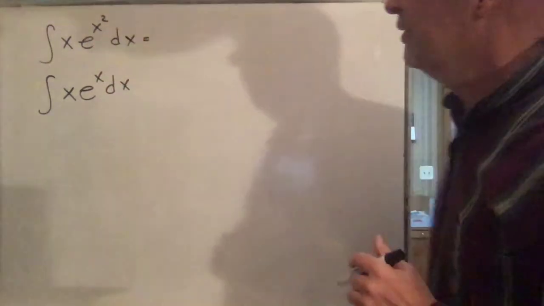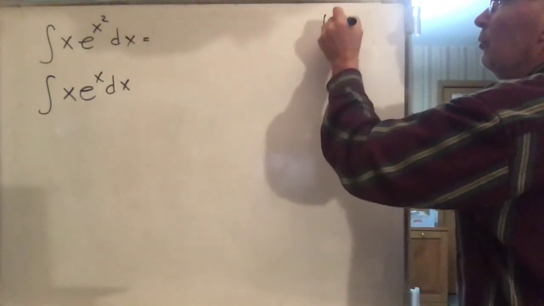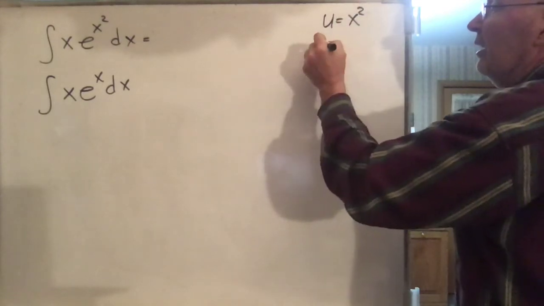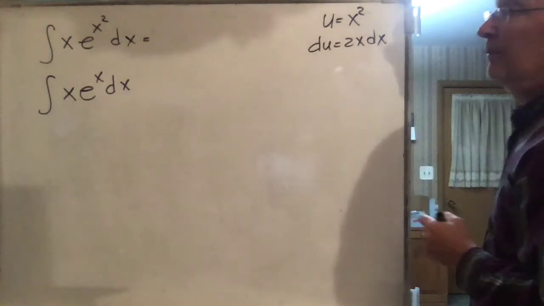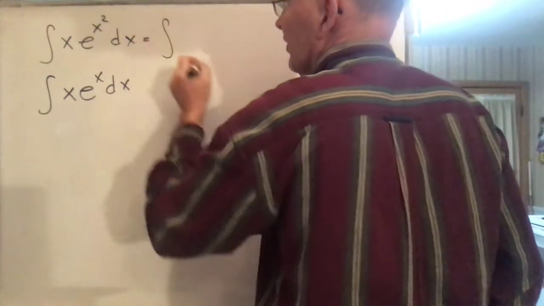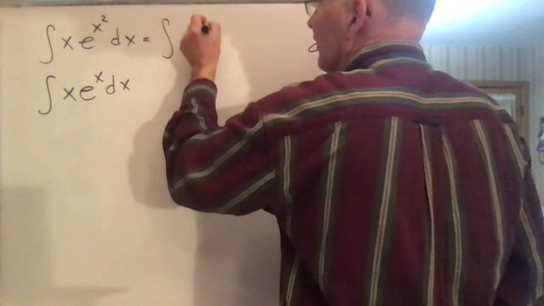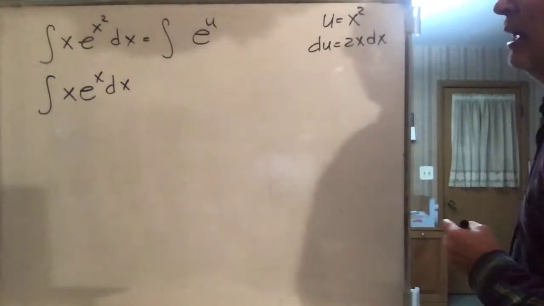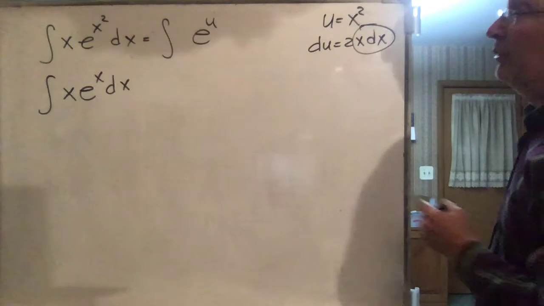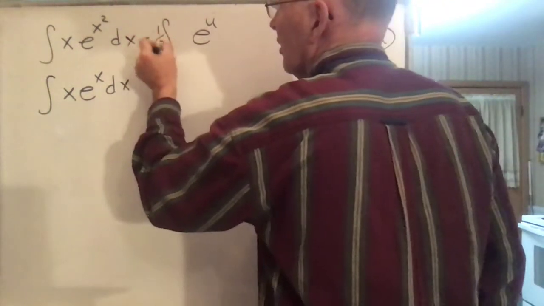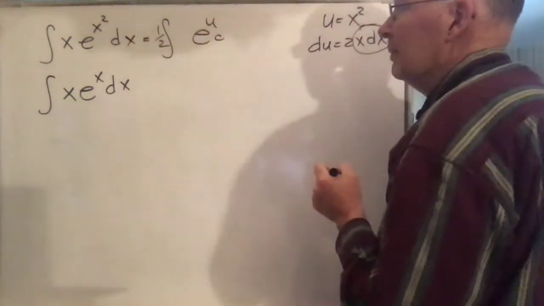This one can be solved just by letting u be equal to x squared. And so du is 2x dx, agreed? So this just becomes the antiderivative of e to the u. And then you have x dx left, and that x dx is going to be 1/2 du.